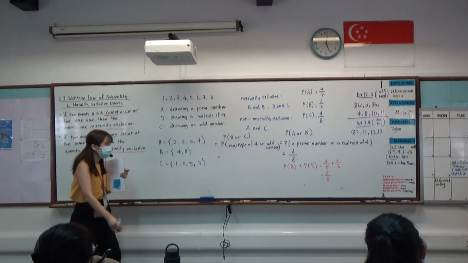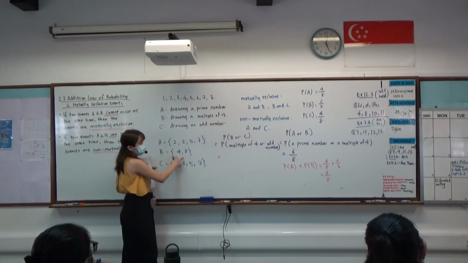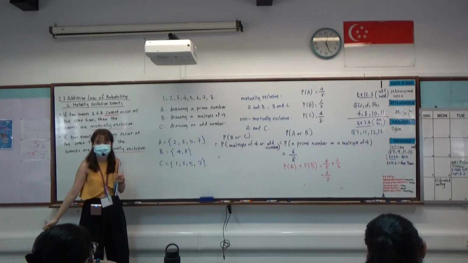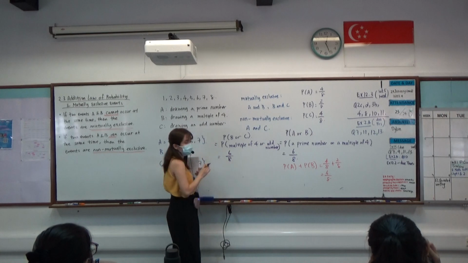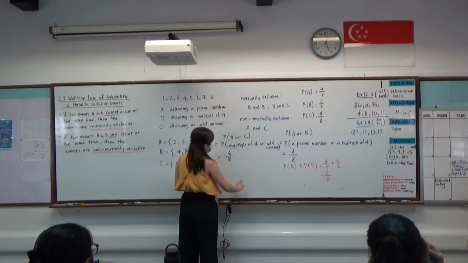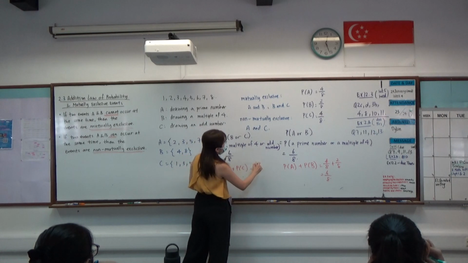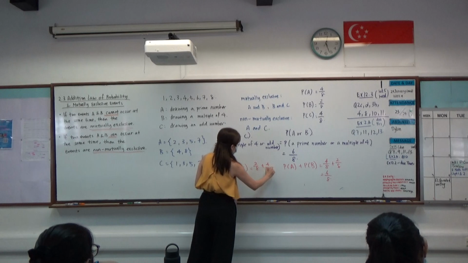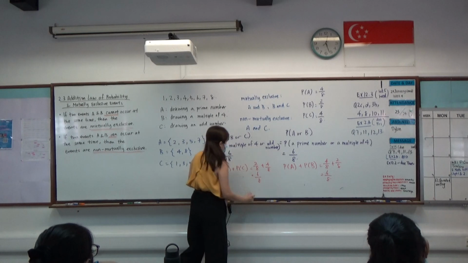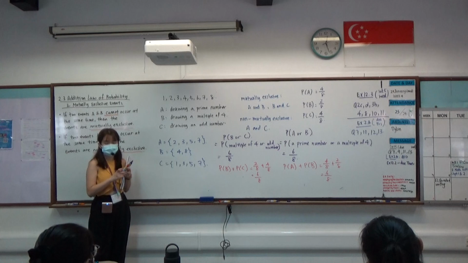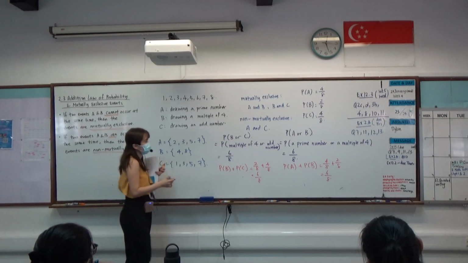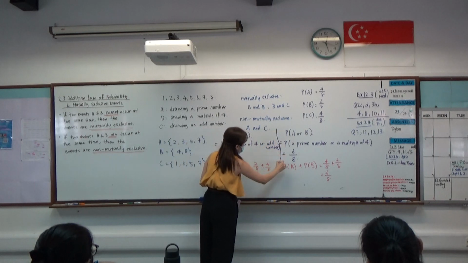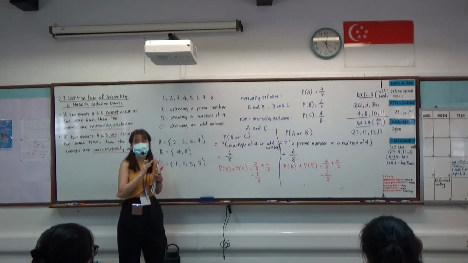Okay, so looking at this statement itself, multiple of 4 there are 2 of them, odd number there are 4 of them. So we would have seen that the total is 6, so 6 over 8. And coincidentally, the probability of B plus the probability of C is our 2 over 8 plus 4 over 8, which is 6 over 8. Okay? So let me draw a line here. So these two are actually mutually exclusive events.